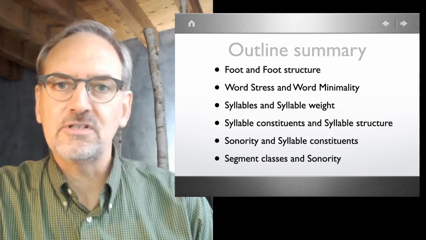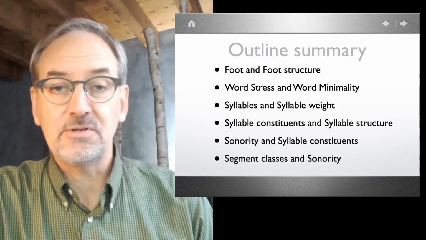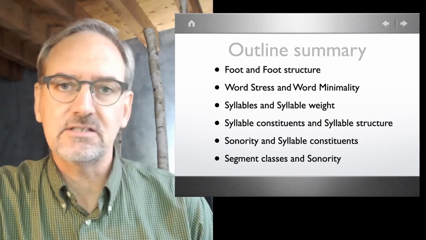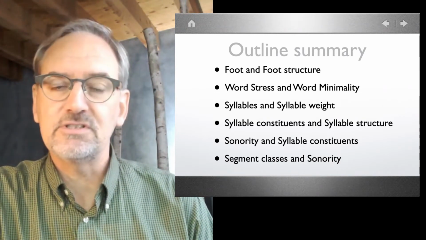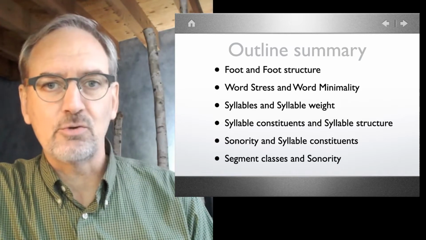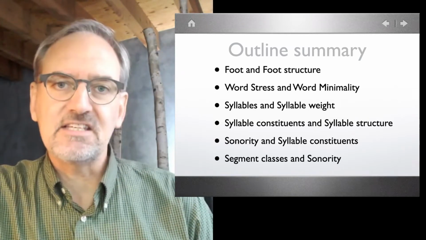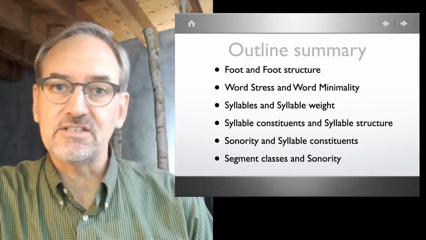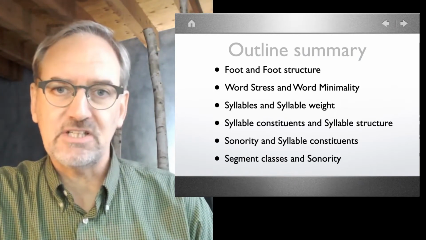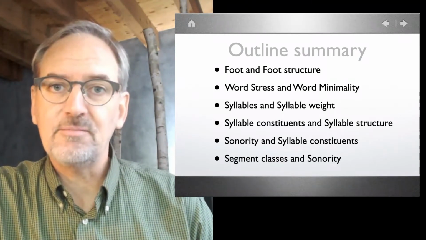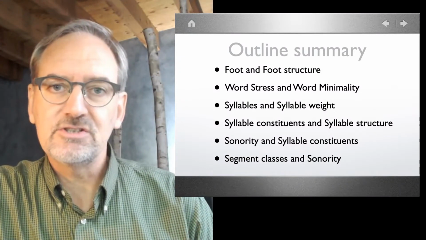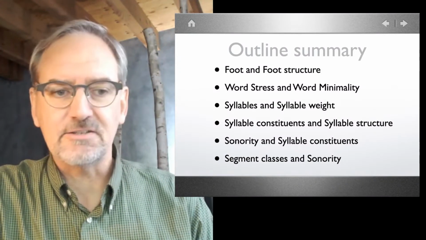We'll then go backwards and look at syllables, and in particular syllable weight, since syllable weight influences how syllables get grouped together into feet. And then we'll look inside the syllable and remember the constituents that make up syllables, since the segments in those constituents determine the syllable weight.